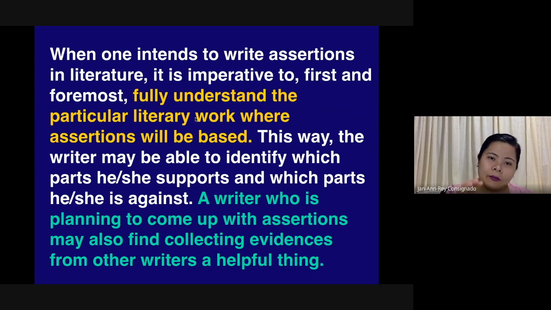This way, the writer may be able to identify which parts he or she supports and which parts he or she is against. A writer who is planning to come up with assertions may also find collecting evidences from other writers a helpful thing.